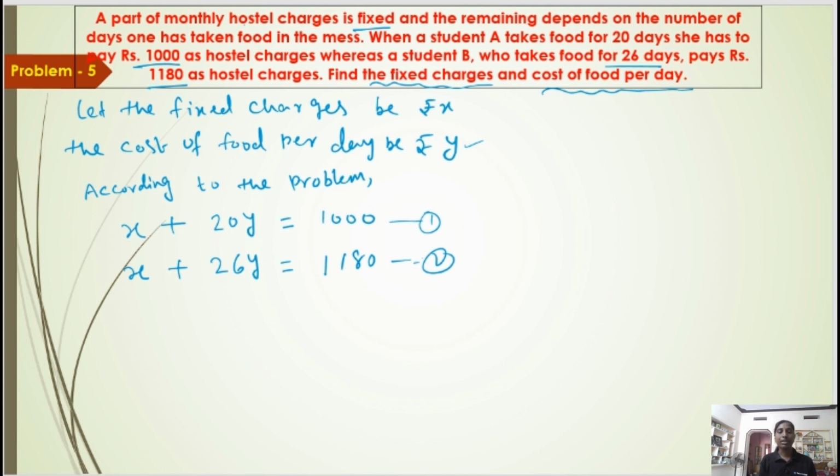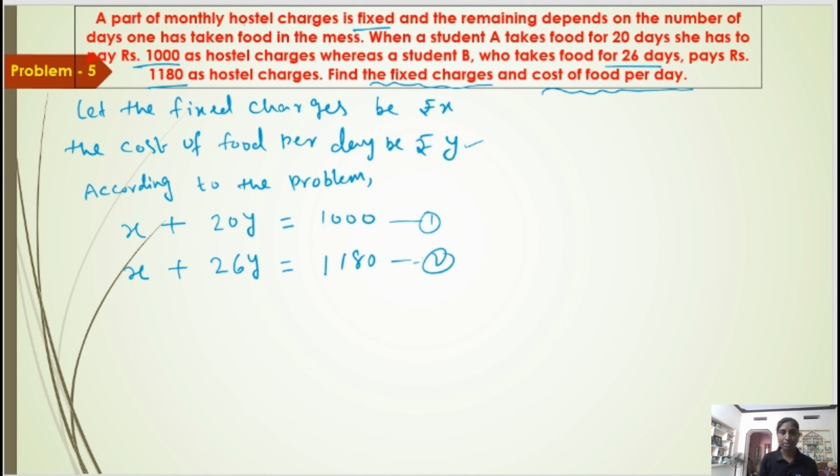Now we will use the elimination method here. You can clearly see that the coefficient of x is already equal, 1 in each equation. So there is no need to multiply any equation by any number.